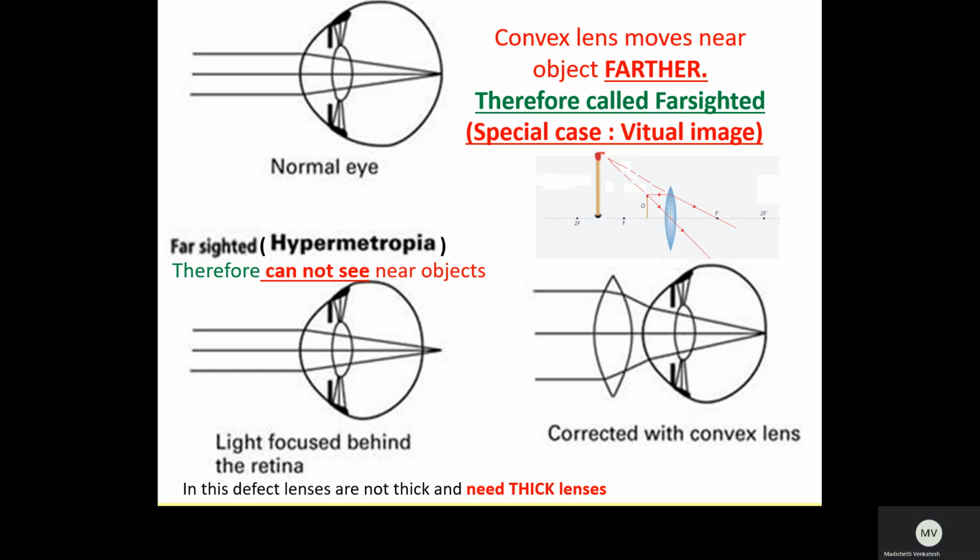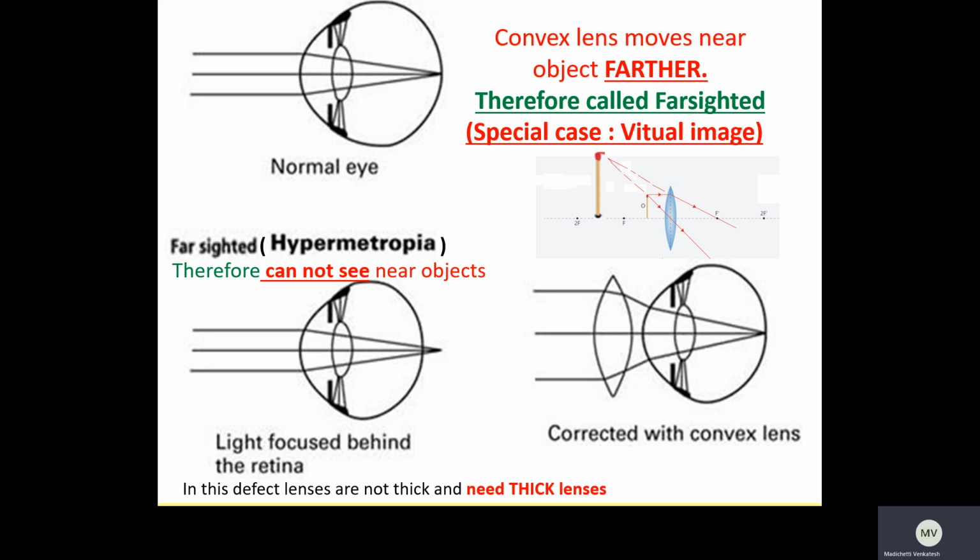So near objects cannot be seen here. This is the 6th case that we learned so far, where the object is between F and O, and the image will be pushed away. That means near objects cannot be seen in this case. That is the problem with hypermetropia.